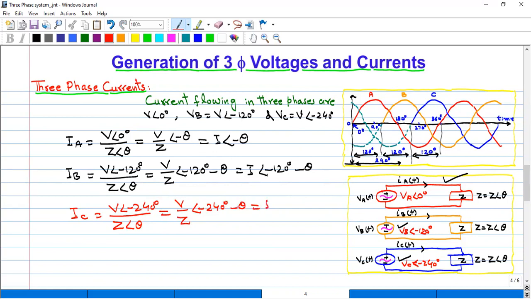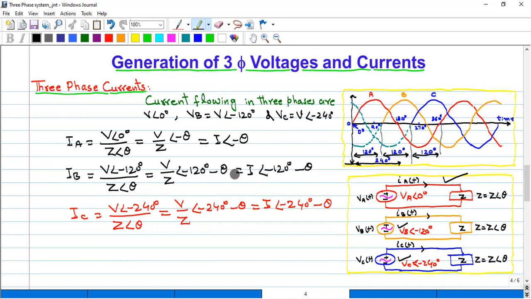So this will be equal to I angle of minus 240 degree minus theta. So these are the equations of the three-phase currents in three-phase circuit.